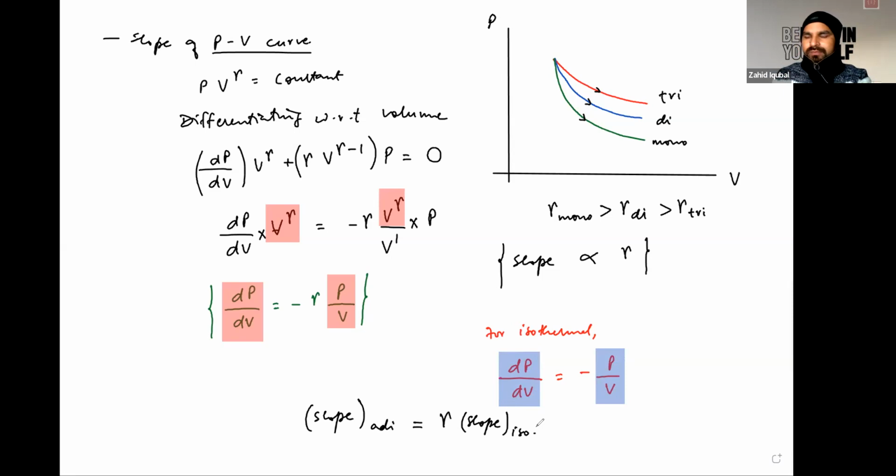It means the adiabatic curve will be steeper as compared to the isothermal curve.